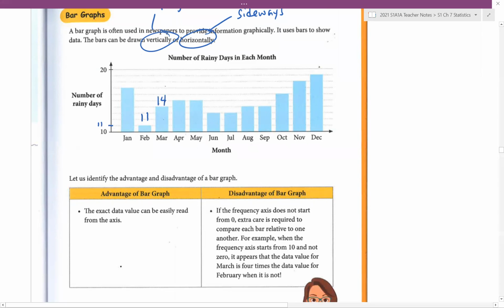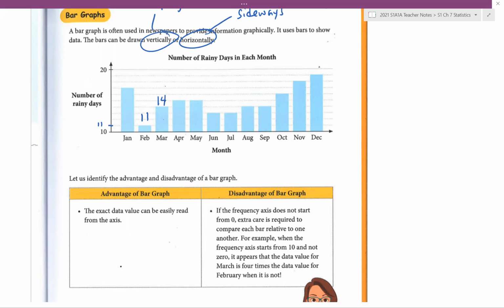Okay, I'll pause here first. Does it look like from the bar graph, right? The number of rainy days for March is a lot more than the number of rainy days for February. Does it look like it? It looks like how many times?